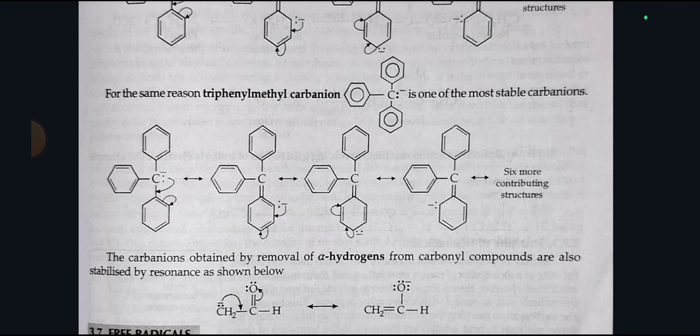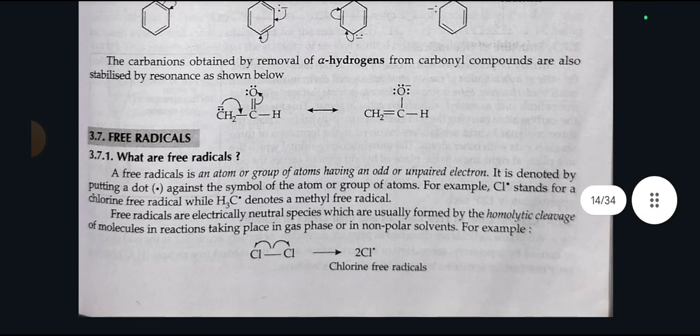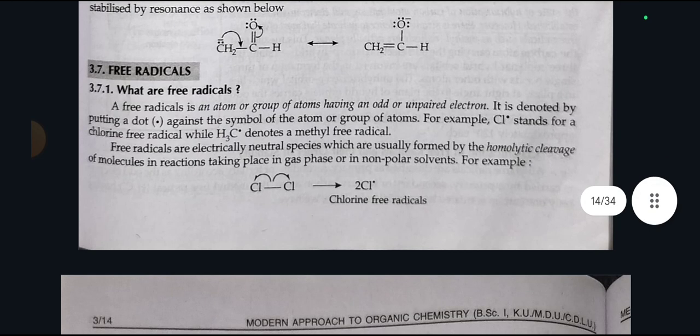For the same reason, triphenylmethyl carbanion is one of the most stable carbanions, with 6 more contributing structures. The carbanions obtained by removal of alpha hydrogens from carbonyl compounds are also stabilized by resonance as shown below. CH2 negative-CHO, CH2=CH-O negative.